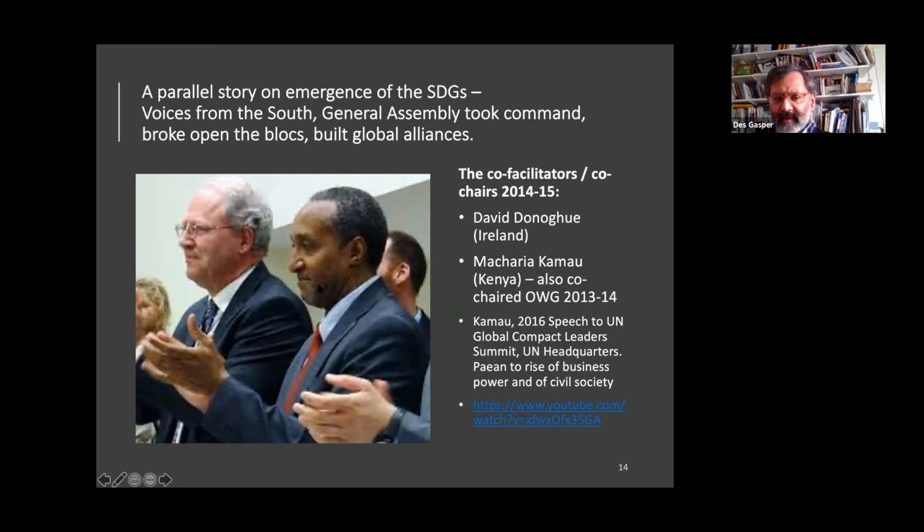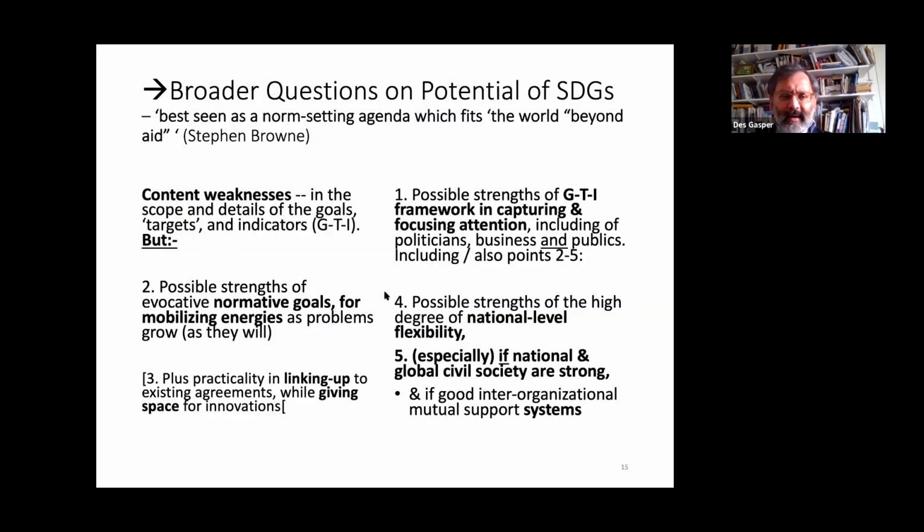So, for example, Colombia is the country that originated the SDGs idea, and then built alliances across continents and across sectors. So Kamau has articulated this bigger perspective beyond it being a technical exercise of how good are the targets and indicators.